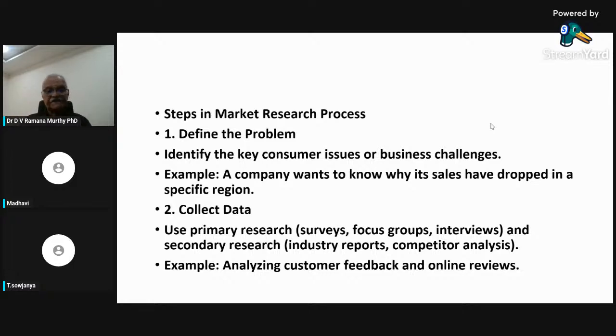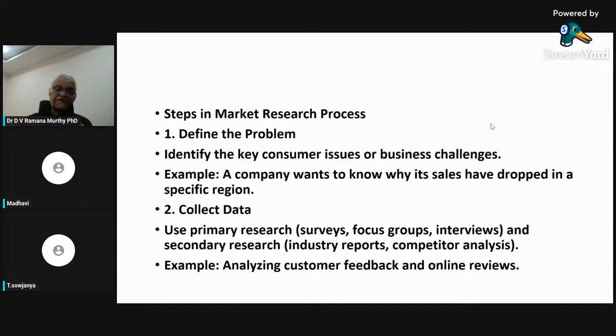There are two things again, primary research and secondary research. In the earlier session, also, we were talking about it. Primary research is going into the field and studying through surveys, opinion polls, interviews or whatever.